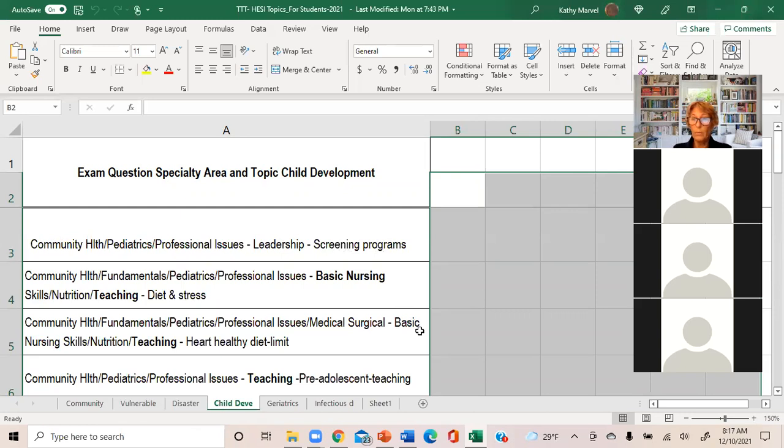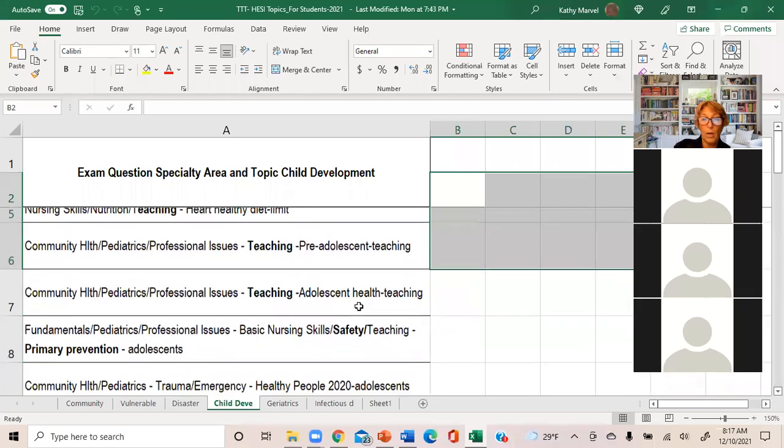Maybe what kind of screening programs should be in place for school-age kids, for adolescents, and then diet and stress. Maybe that's talking about obesity, how to reduce it, I'm just throwing this out there. With the importance of a healthy diet, the importance of reduced stress levels, heart healthy diet.